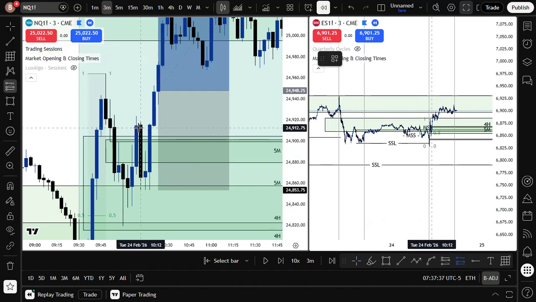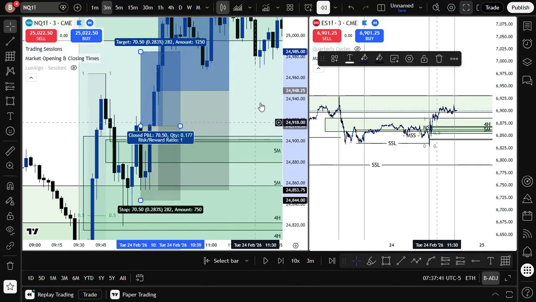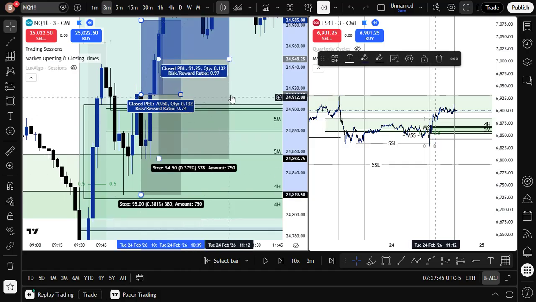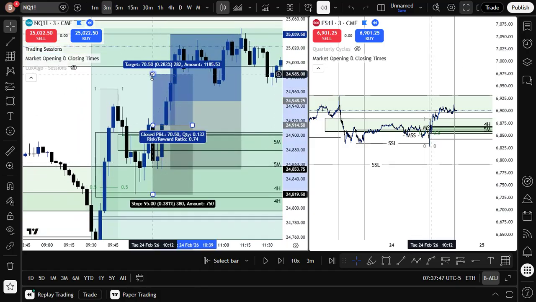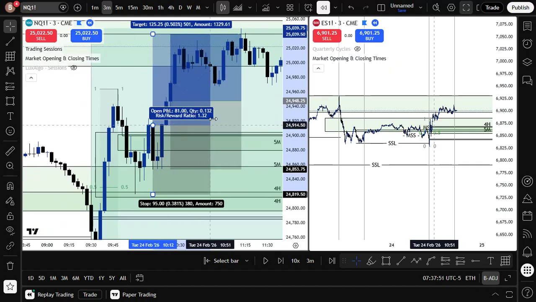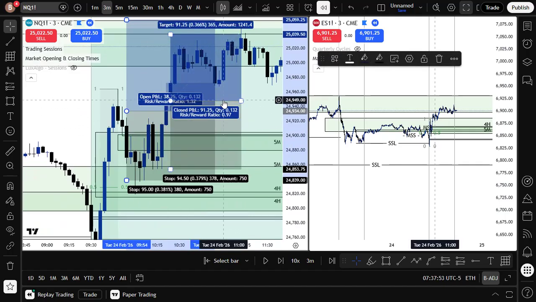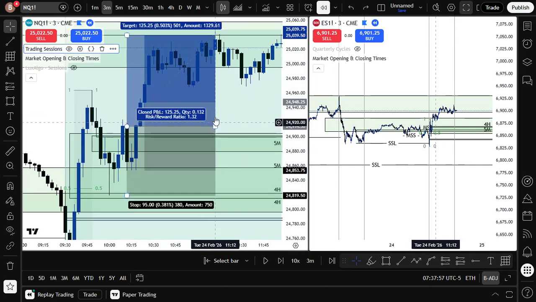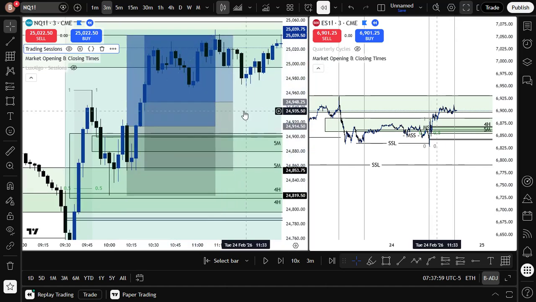And then as soon as price made this displacement, I could potentially go for this stop loss. I believe that would be a more conservative option in this scenario. And then I could target the buy side. In this case, that would be good risk to reward. So here we go. I would say that's it.